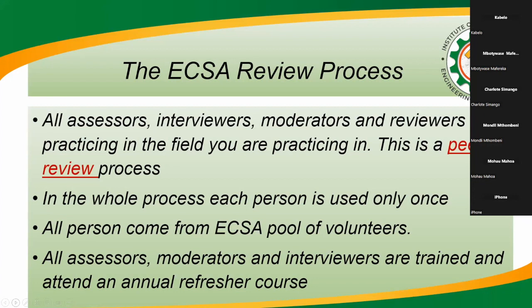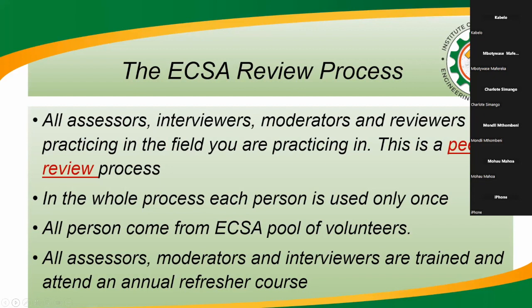Many times we might be quiet because the questions that we've already formed in our minds, the other reviewer or the interviewer has already asked. So we do not labor on that. In the whole process, each person is only used once. A person who does the assessment will not come and do the interview.